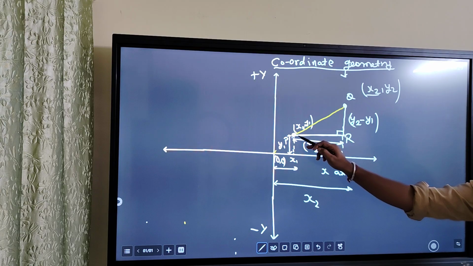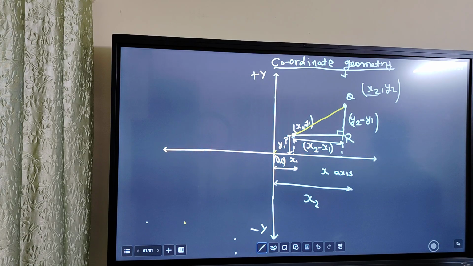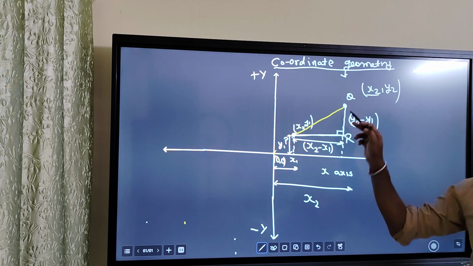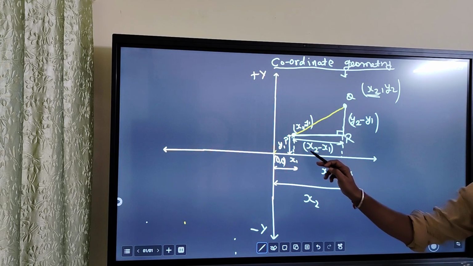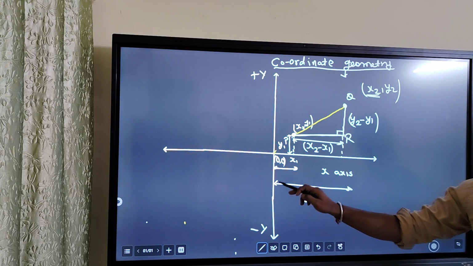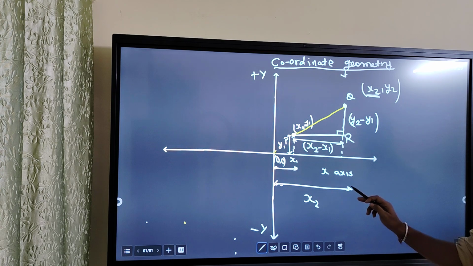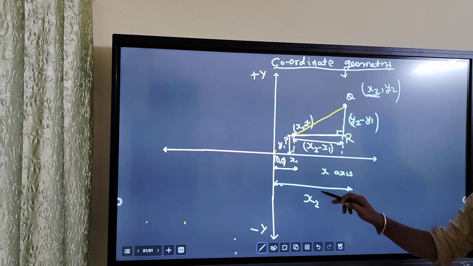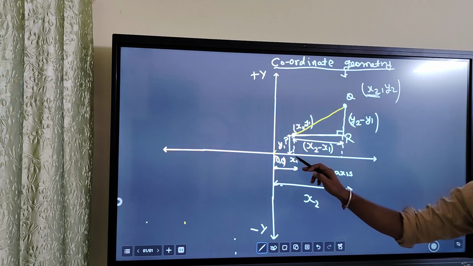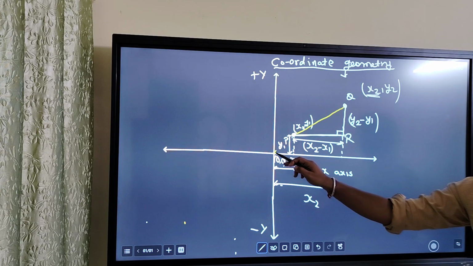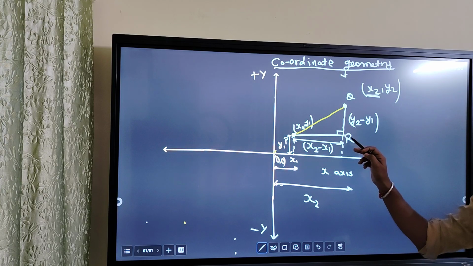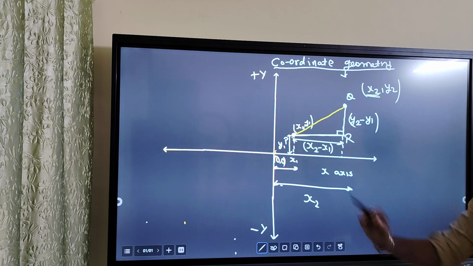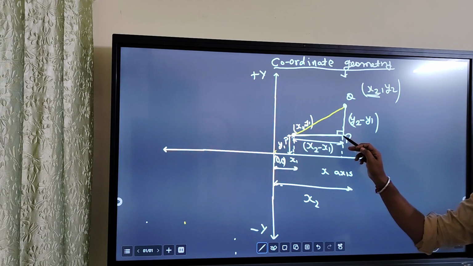So we have to find the distance PR. How much will PR be? Q's x coordinate is x2, meaning from origin, if you go till Q, it is x2, and then from here to here it is x1, from origin to point P. So the distance between P and R will be x2 minus x1.